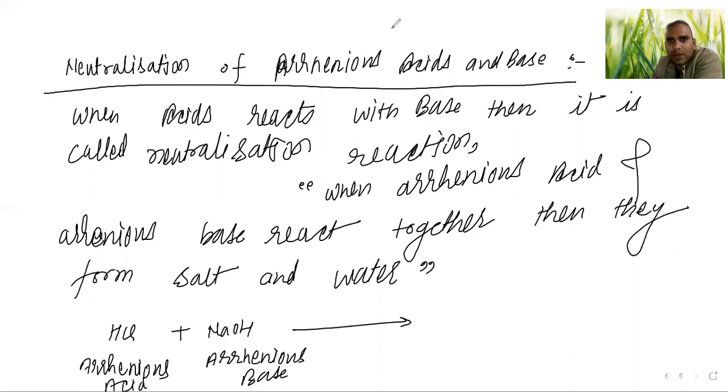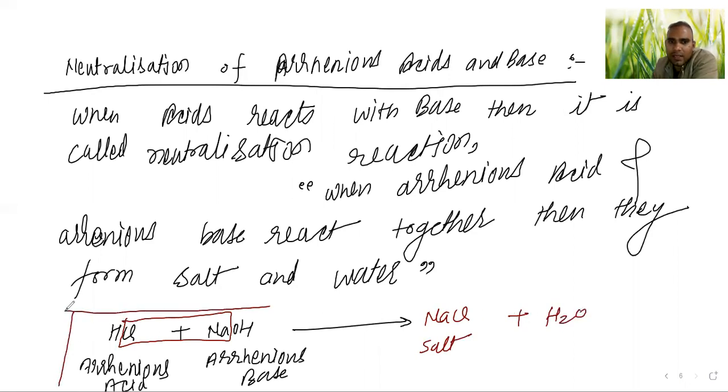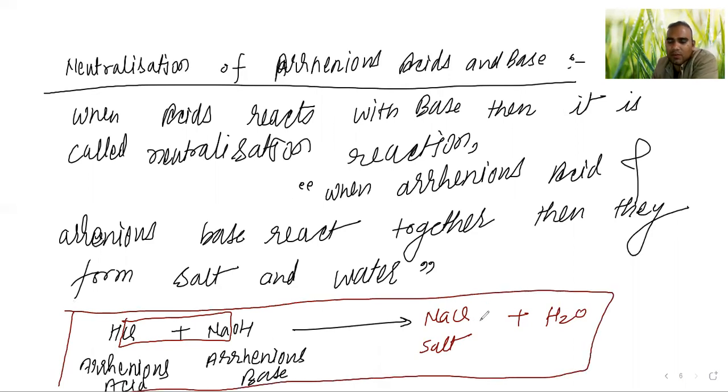It forms NaCl, this is the salt, plus water. When an Arrhenius acid reacts with a base, it gives salt plus water. This concept is known as neutralization reaction.